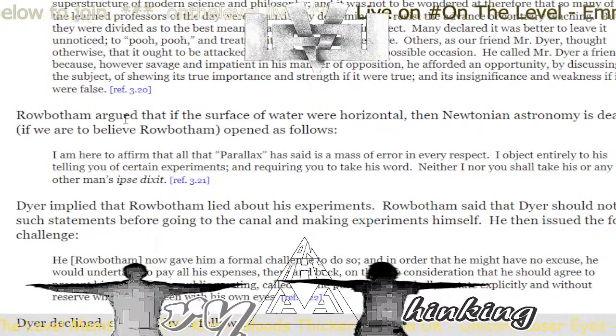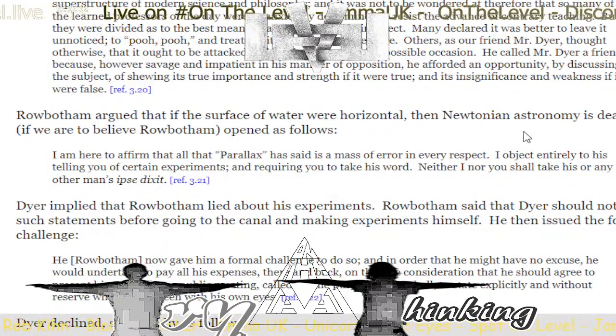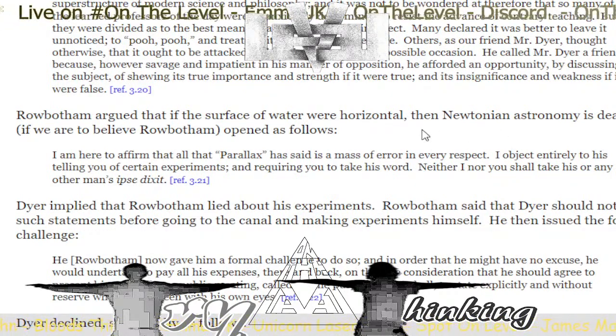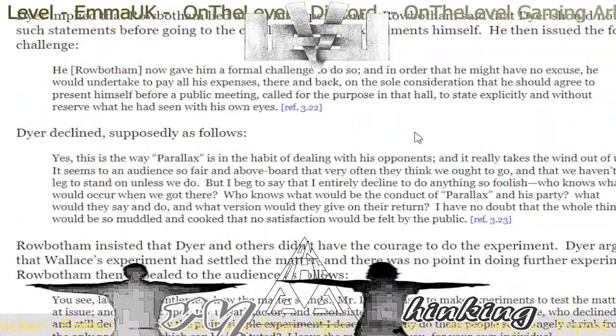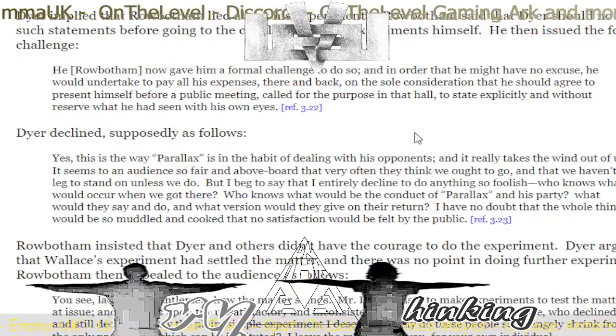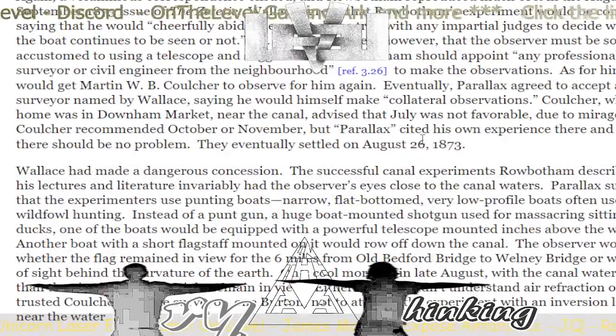So Rowbotham argued that if the surface of water were horizontal, then Newtonian astronomy is dead. Like, they don't follow. I don't know. Somebody give us something else to do.